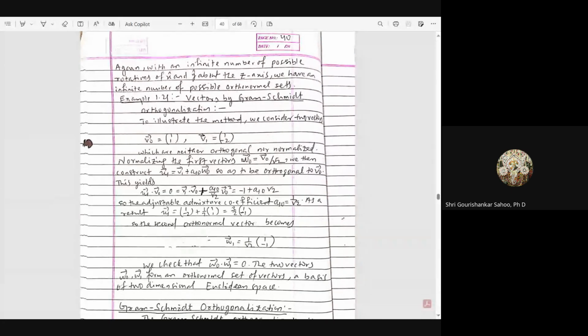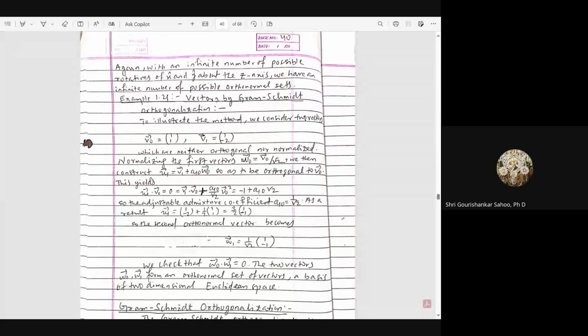So this yields U1 dot V0 equal to 0, which is equal to V1 dot V0 plus a10 by root 2 times V0 square, equal to minus 1 plus a10 root 2. So the adjustable admixture coefficient a10 is equal to 1 by root 2. As a result, U1 vector is equal to the matrix (1, minus 2) plus half of the matrix (1, 1).